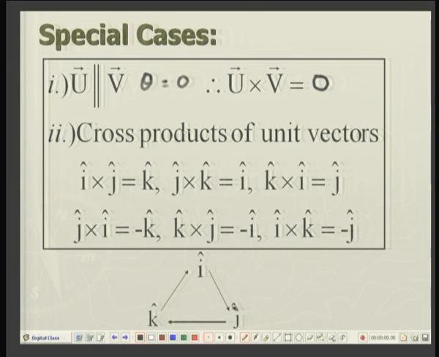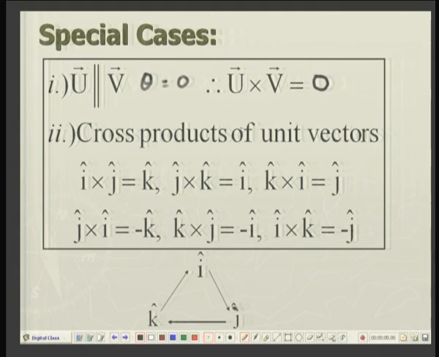Now, we take the cross products of individual unit vectors. Suppose I consider the unit vectors i and j, that is along x axis and y axis. You can easily see, let us say this is the x axis, this is y axis and this is the z axis.